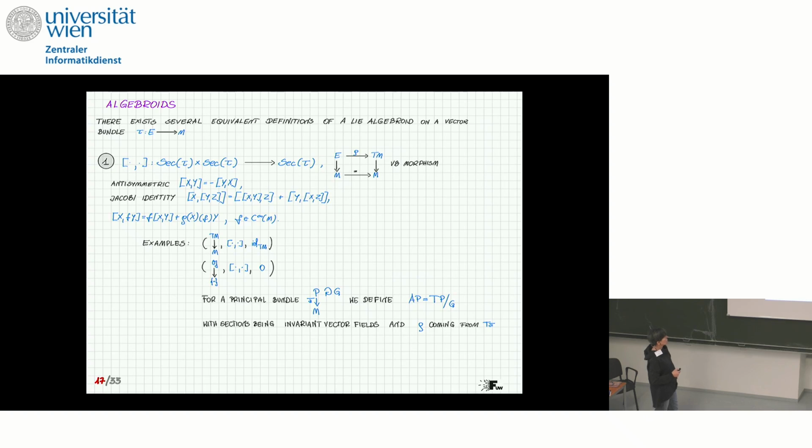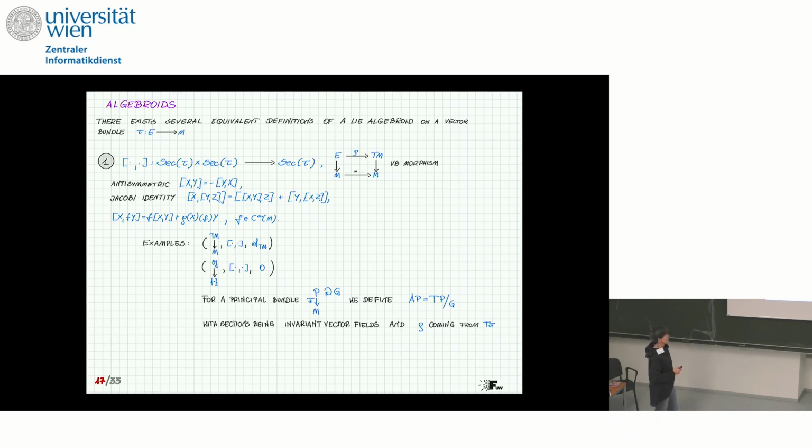There is also the condition, which comes out as a result of the previous conditions, that if you multiply a section by a function and take the bracket, the anchor appears here. This anchor is a morphism of the brackets, in the sense that I have a bracket of vector fields here and a bracket of sections here, and this should be a morphism of the brackets.